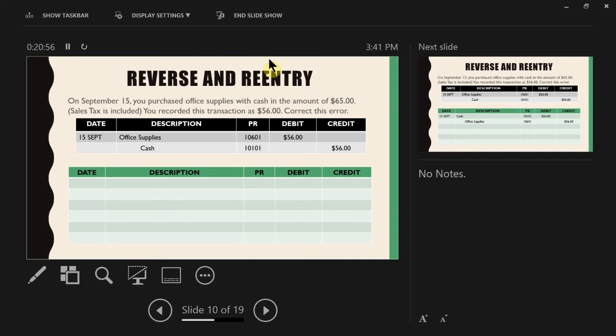And let's just assume either the same day or the next day, you remembered to attach your receipt to the journal and realize, oh, I wrote it in for the wrong one. Okay? So in this case, I bought the supplies for the wrong amount.